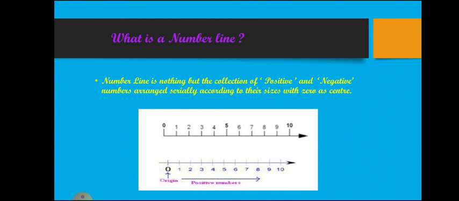The right-hand side means successor, means plus 1, plus 2, plus 3, or positive 1, positive 2, positive 3, and so on. And on the left side, negative numbers are just like negative 1, negative 2. Now here you can see how to draw a number line.